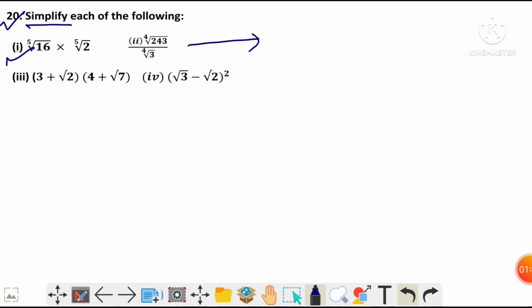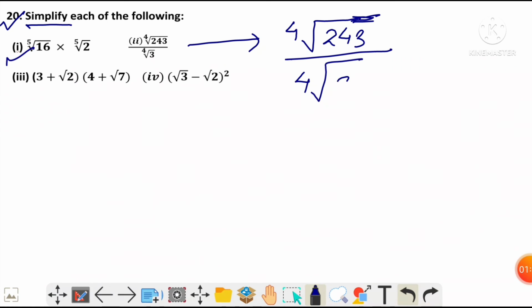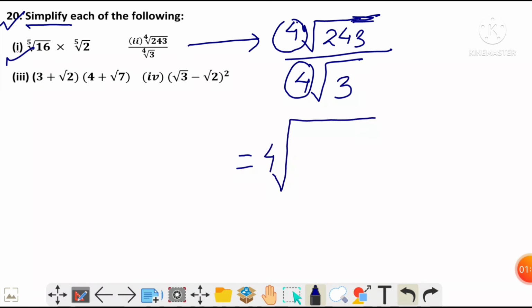Next question, question number 2. It's fourth root of 243 divided by fourth root of 3. Here also the root is similar, so we'll make one big root for both and write the numbers inside the root. 243 divided by 3.